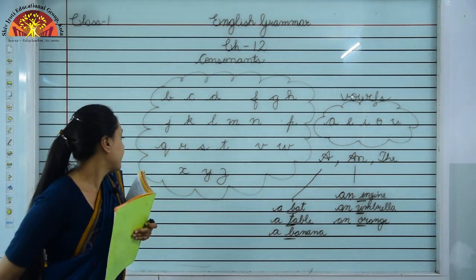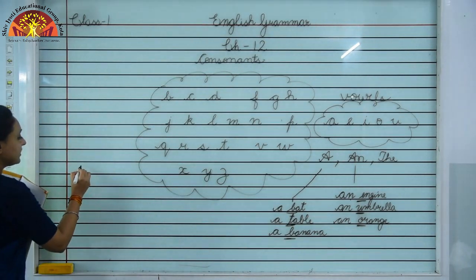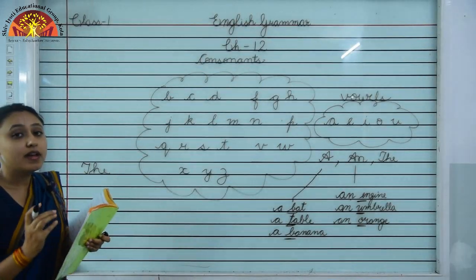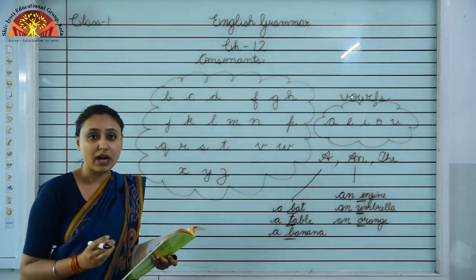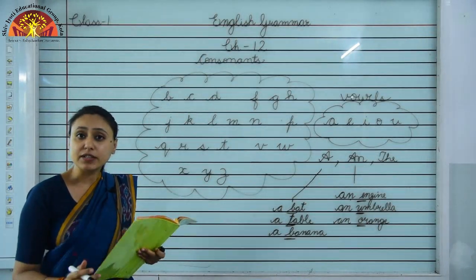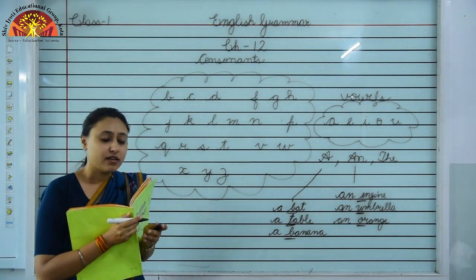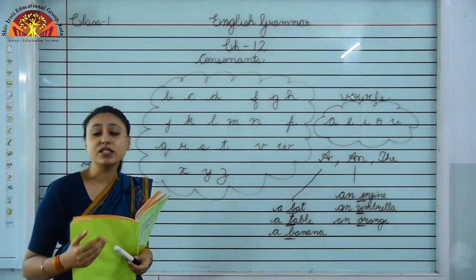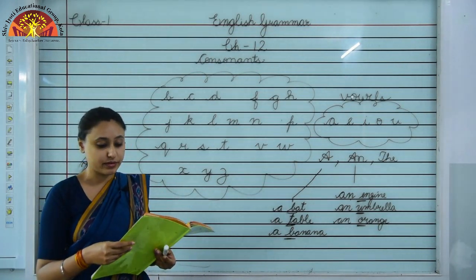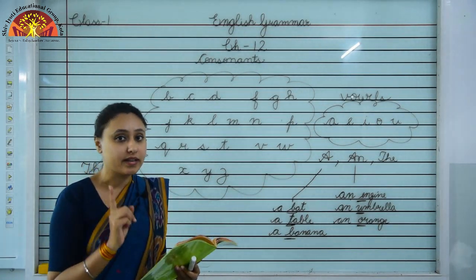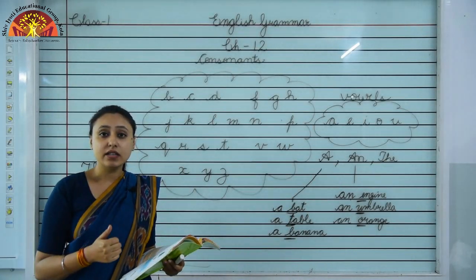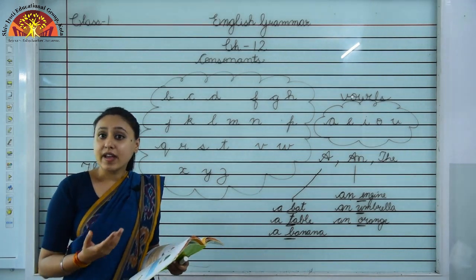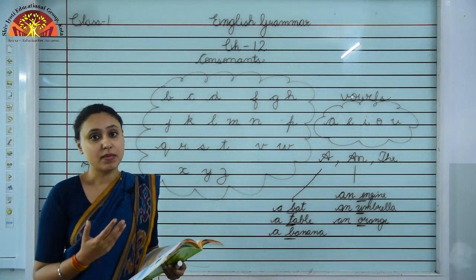Okay. Now we learn about the. Let us take the here. So children, we use the when we want to talk about a specific, particular thing. And also we use the when we want to talk about things which are universal in the world, things which are only one in the world, like the sun, moon, earth, Taj Mahal, Red Fort, Himalayas, Mount Everest.